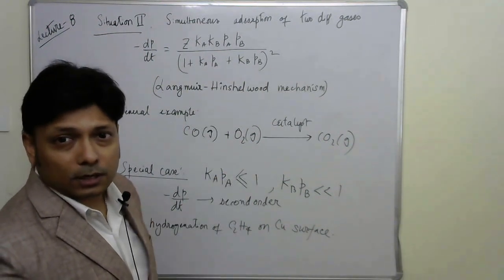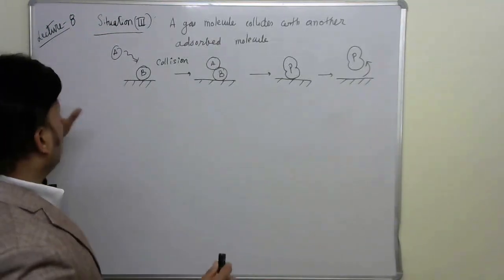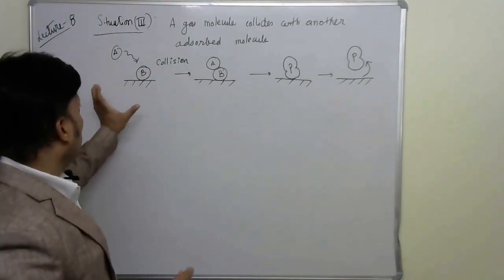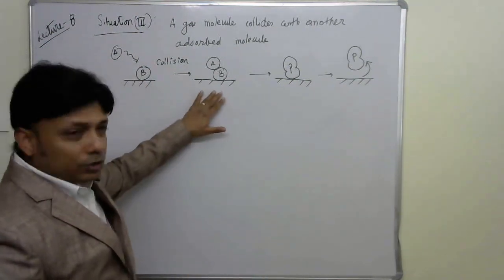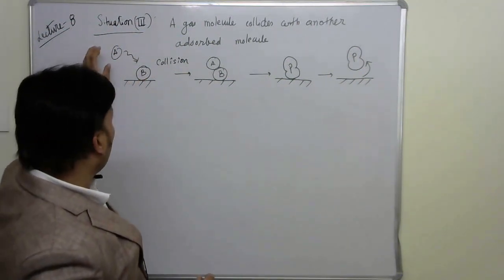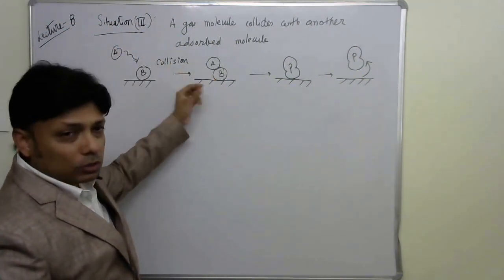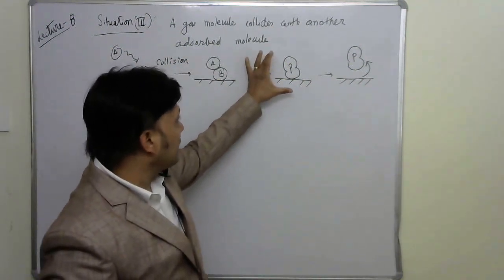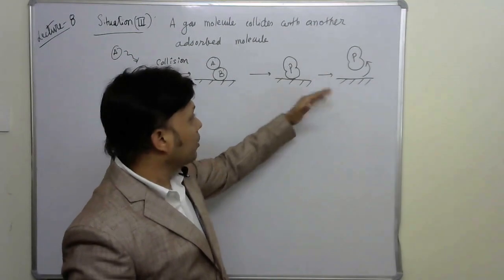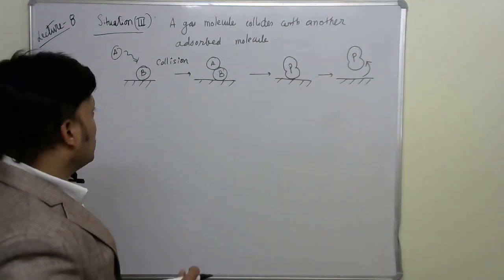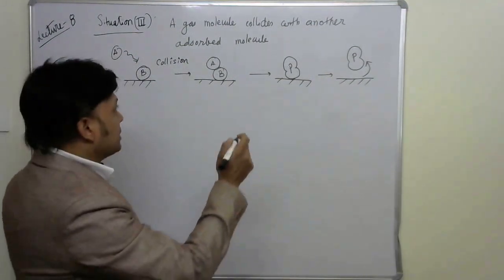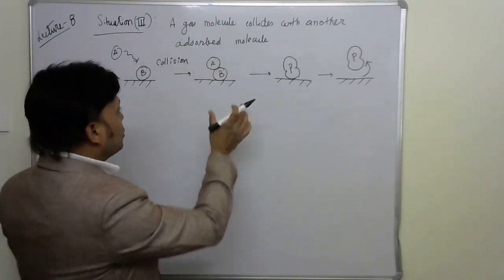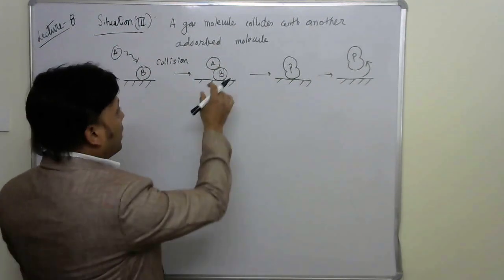So in this last situation, already there is a gas molecule B adsorbed on the solid surface, and another molecule A just collides with it. So it is a collision step here, and then after collision, the reaction takes place and the product goes away. The most important feature is that the gas molecule A is never adsorbed on the surface, so it just collides on B.